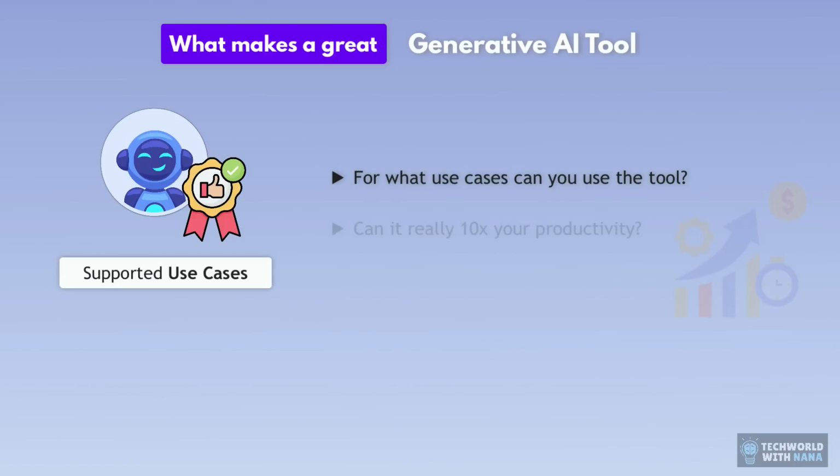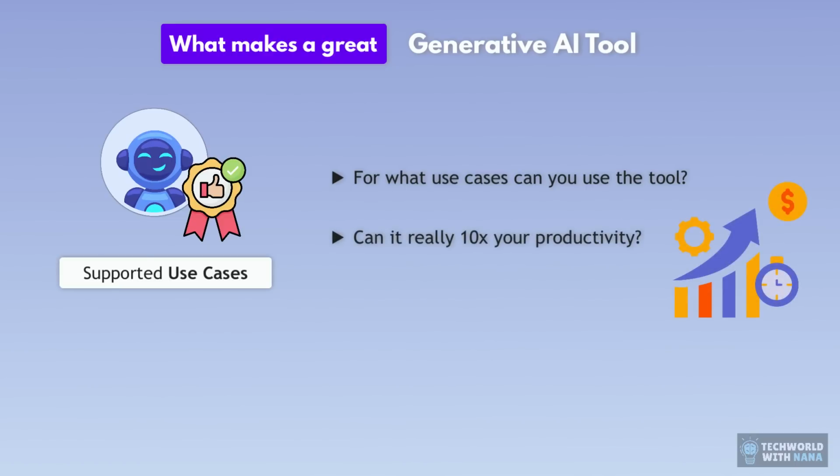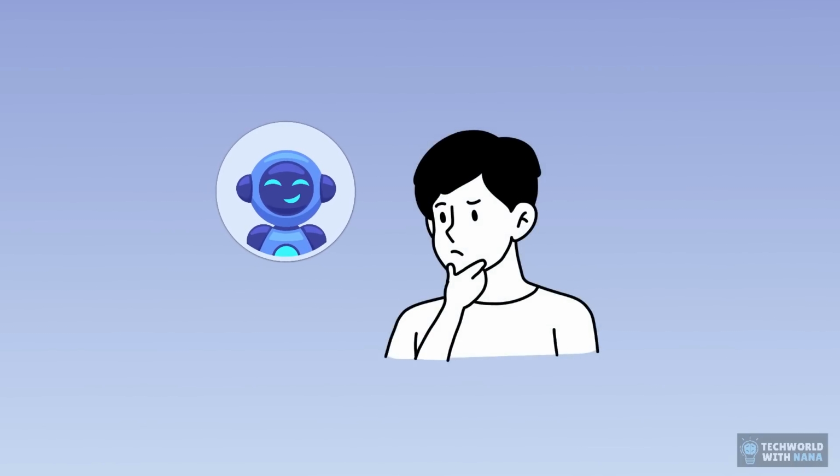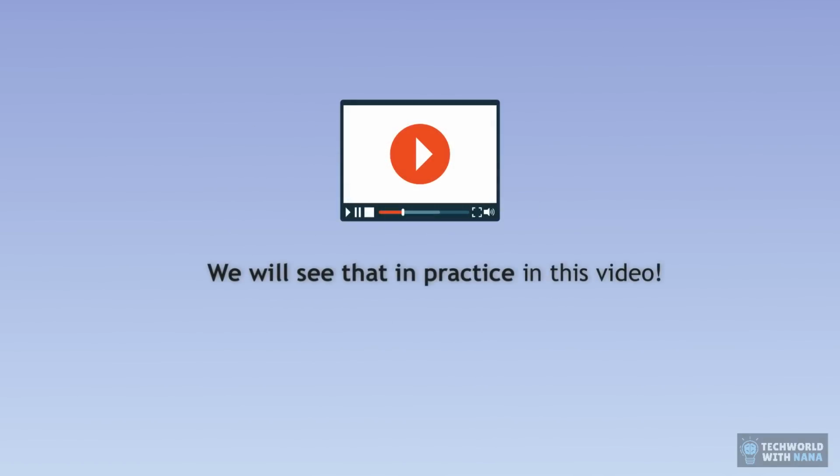Can they actually help you 10x your speed and efficiency when working on complex DevOps or cloud projects? Can they help you become a better engineer, or are they not yet mature enough to actually be of any help? Well, that's exactly what we're going to see in practice in this video. So make sure to stay till the end.